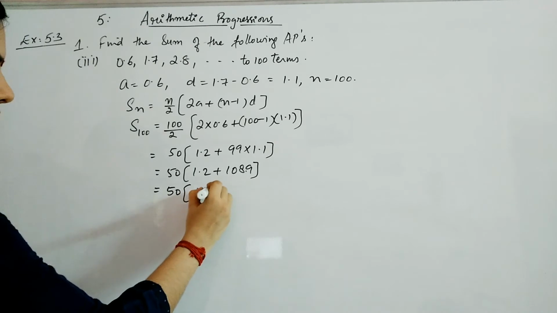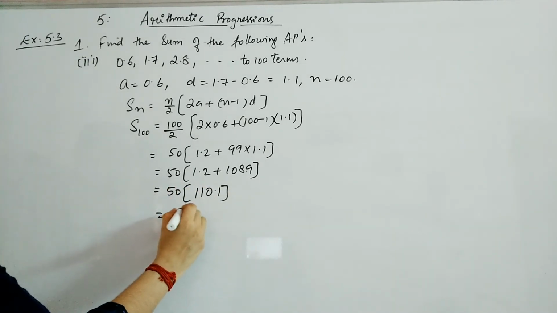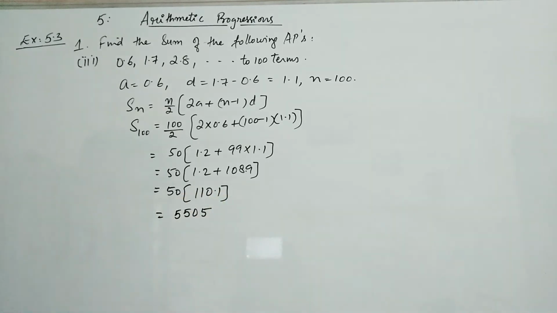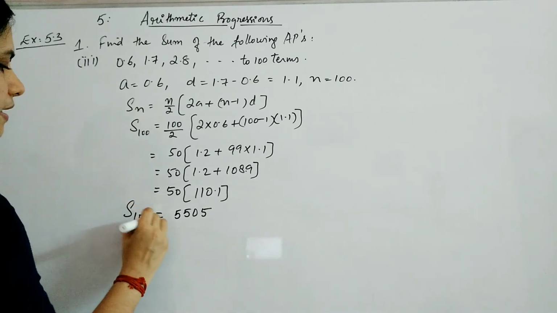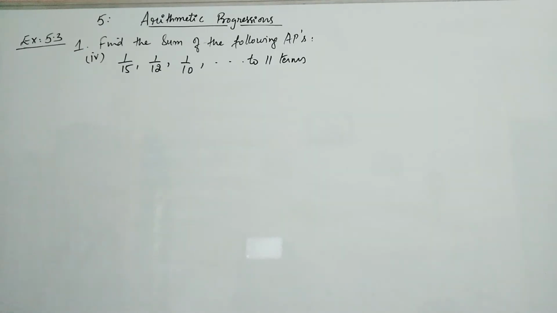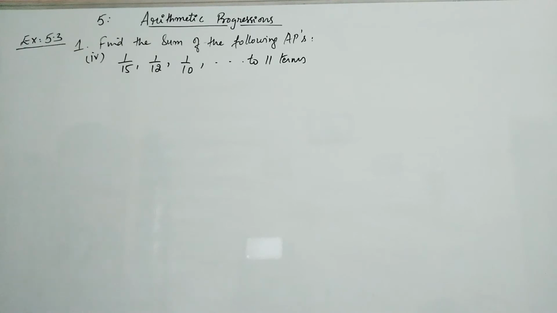Okay, 110.1, and this product will give you 5505. Again 10 will be removed by substituting the decimal point. Okay, so S100 is your 5505. Okay.